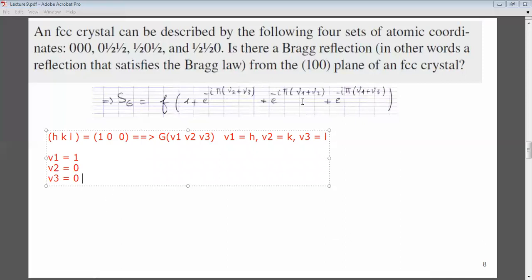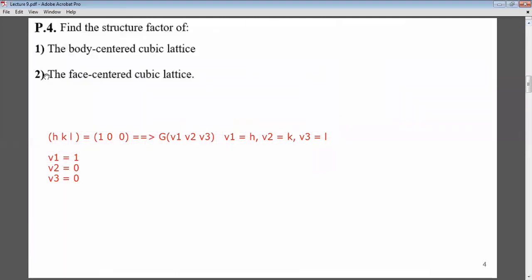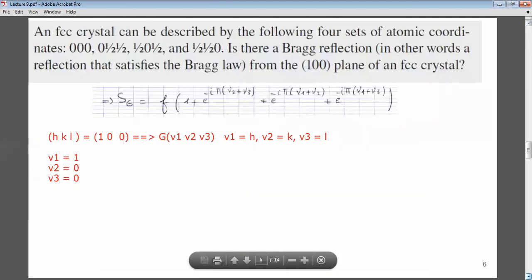Remember, I did the calculation for SG for FCC up here, when the question asked to find the SG for a face-centered cubic lattice. We found SG to be F into 1 plus e to the minus i pi (V2 plus V3), etc. So I just copied it down here. Now I will put 1 for V1, 0 for V2, 0 for V3. What do I get?